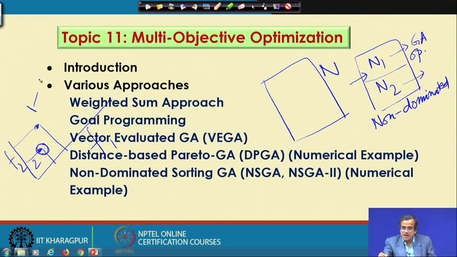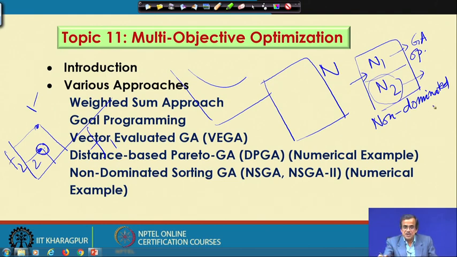Now, here what we do is, we try to update this non-dominated subpopulation, and the size of the non-dominated subpopulation is going to increase, and gradually you will find a large number of solutions lying on the non-dominated front, and if you plot them, you will get some sort of Pareto optimal front of solutions. Now, there is one drawback of this algorithm.